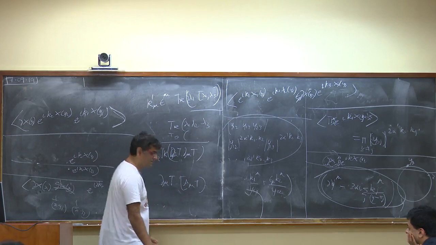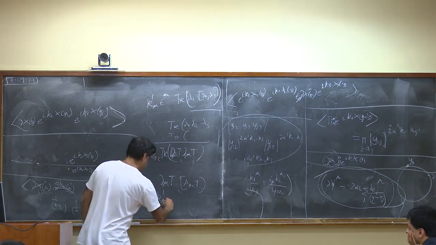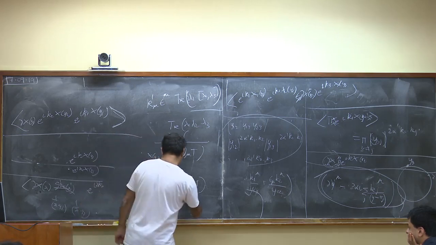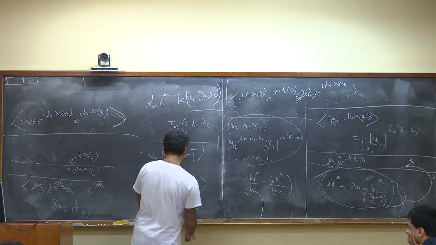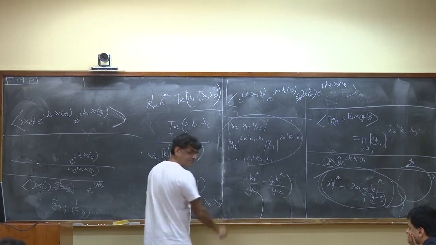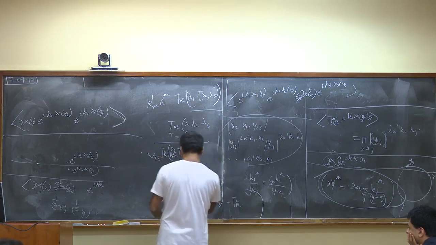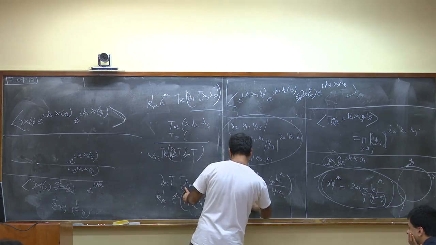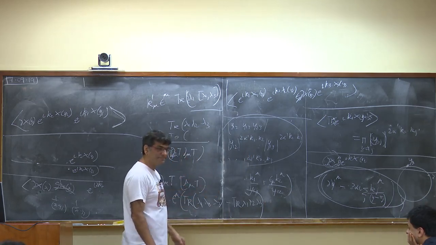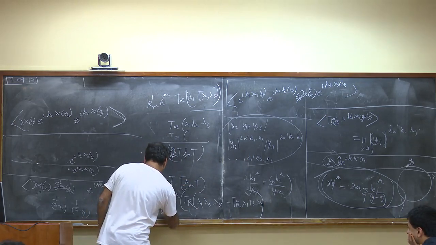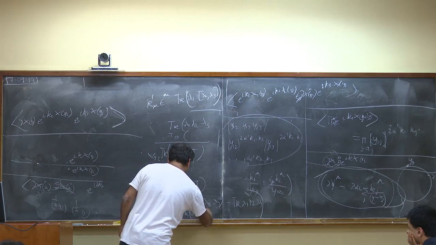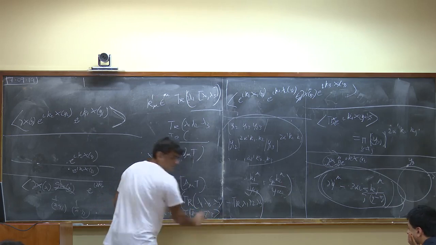So this is k1 dot epsilon, and then we will get trace of lambda 1, lambda 3, lambda 2 minus trace of lambda 1, lambda 2, lambda 3. Now cyclically permute the lambda 2 here. So this is equal to k1 dot epsilon into trace of lambda 1 commutator of lambda 2, lambda 3, which is that.